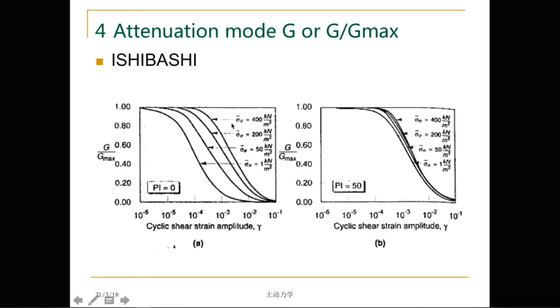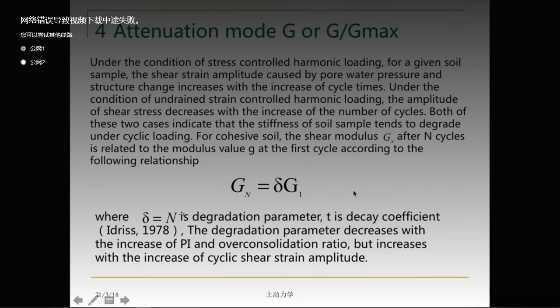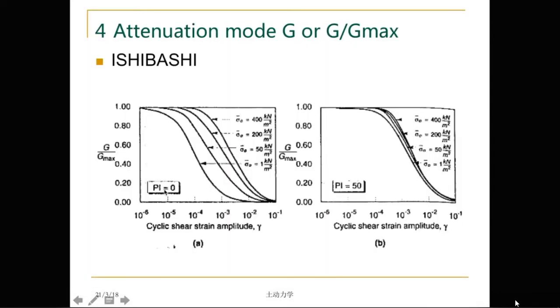They have a different stress state in each curve, and the PI is not the same. The left figure is for PI equal to 0, and the right figure is PI equal to 50.